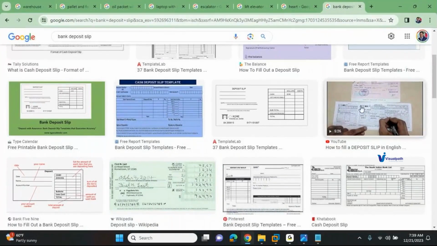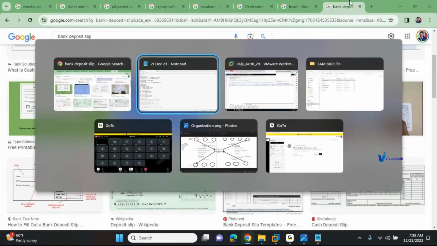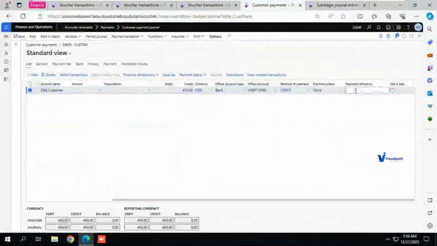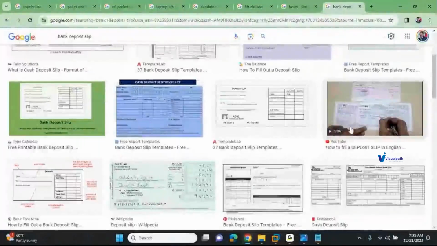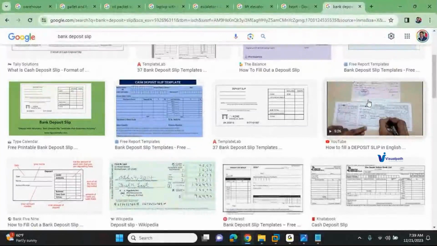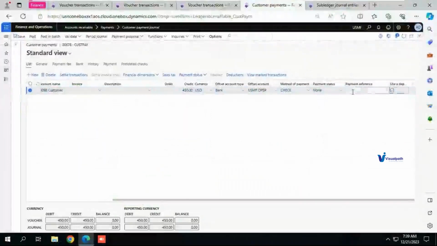So for customer payment, the deposit slip is mandatory. In this deposit slip, the most important thing is the check number. That check number you need to enter here as the payment reference number.